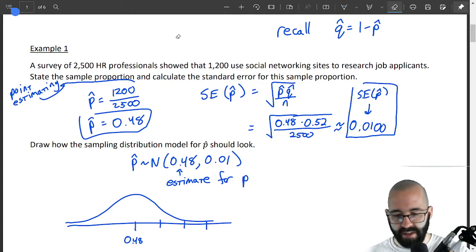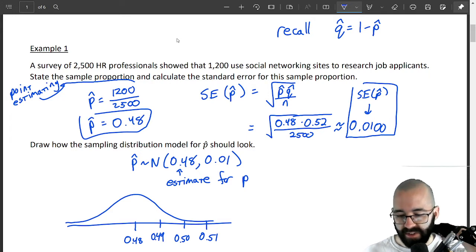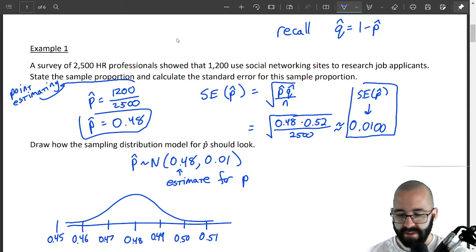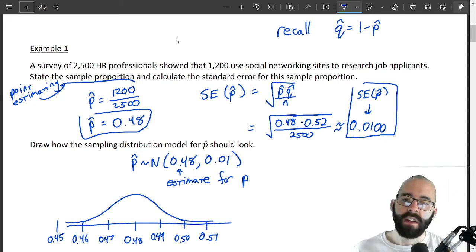That's where 1 standard deviation is. That's going to be about 0.49, 0.50, and 0.51. And in the other direction as well: 0.47, 0.46, 0.45. So this is normally distributed, which means we can use the empirical rule, right?